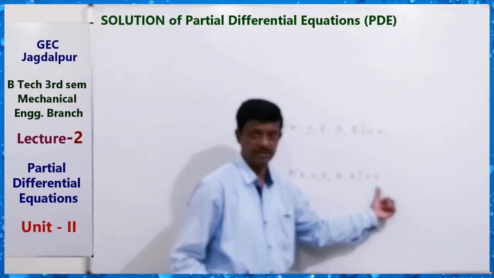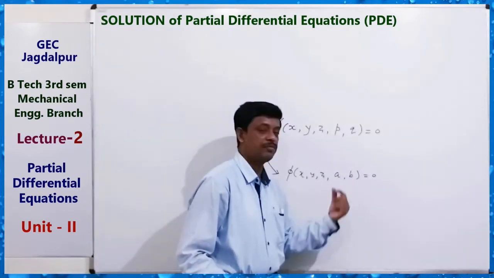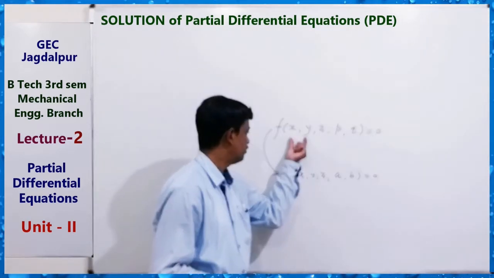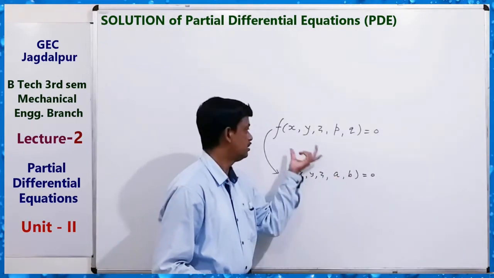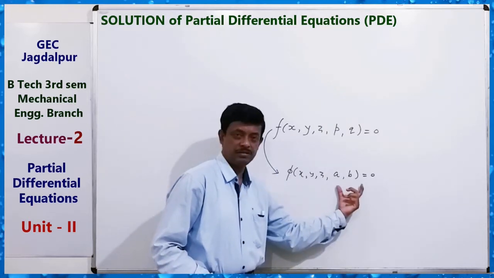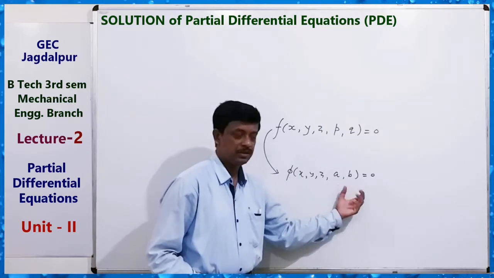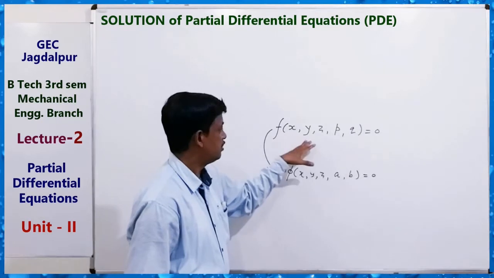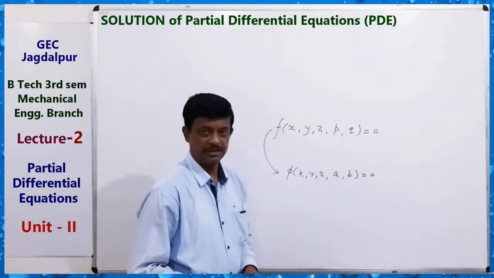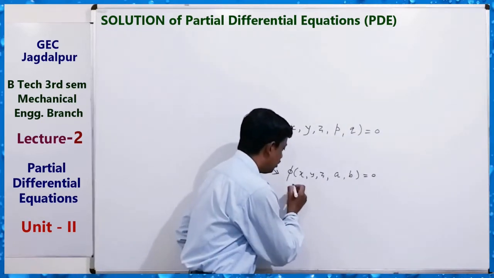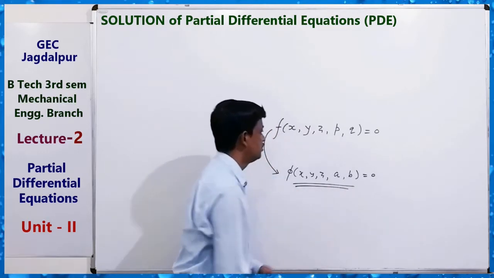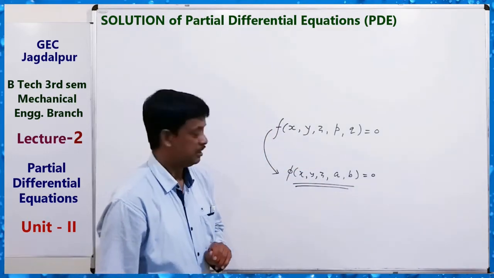With two independent variables there are two arbitrary constants; with three independent variables, three arbitrary constants will be there. So the number of constants equals the number of independent variables. Clear? This is called a solution of the partial differential equation.